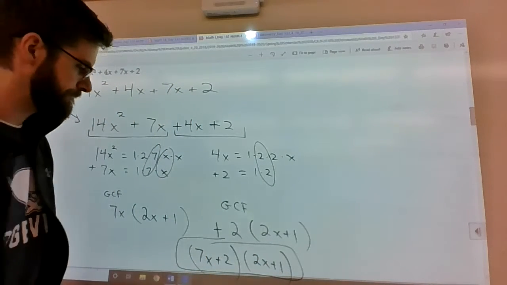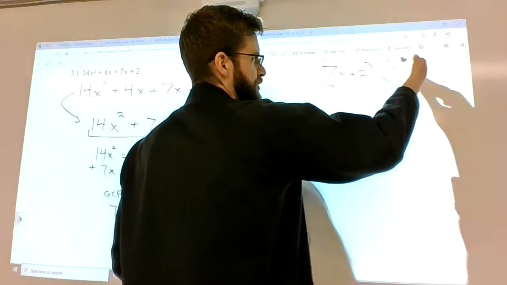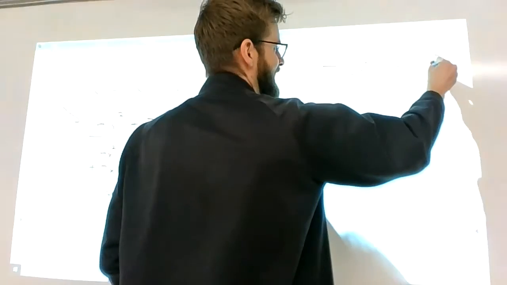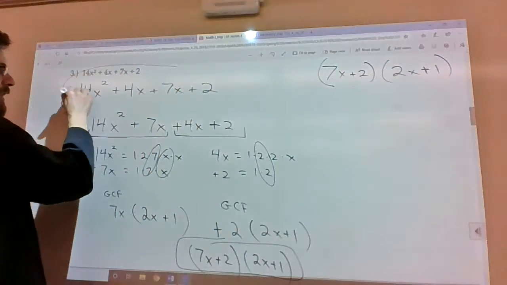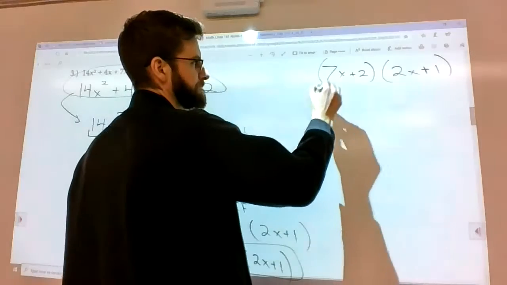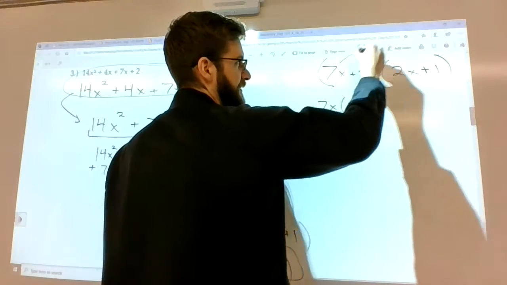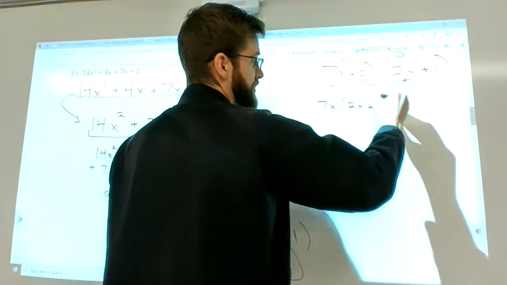Let's check it. Does 7x plus 2 times 2x plus 1 yield this polynomial when we multiply it out? So you put 7x on the outside of 2x plus 1, because we multiply the 7x times everything. Same thing with the 2.